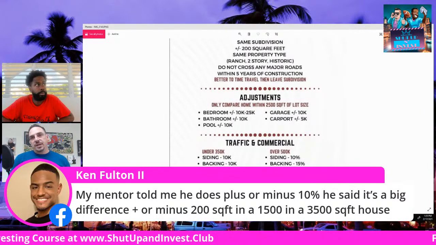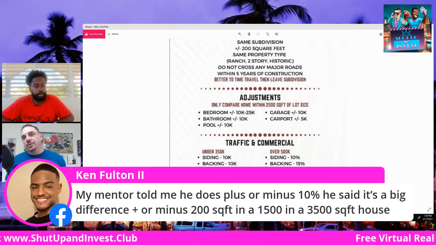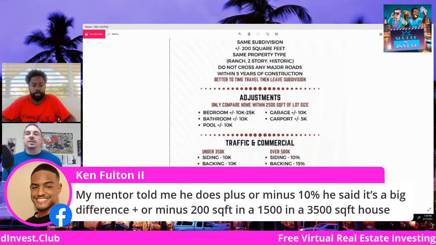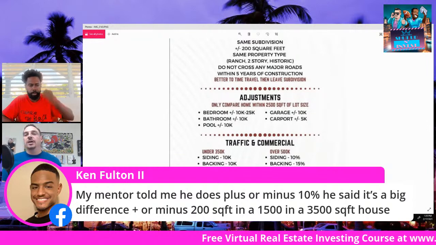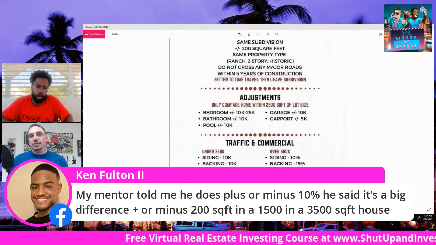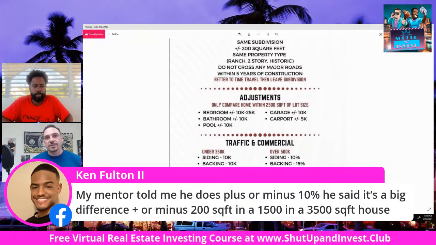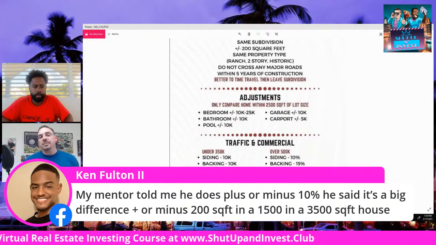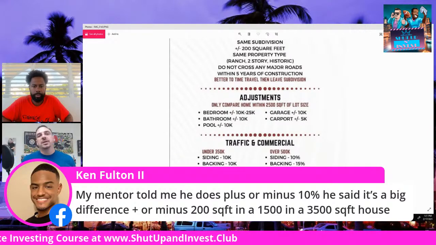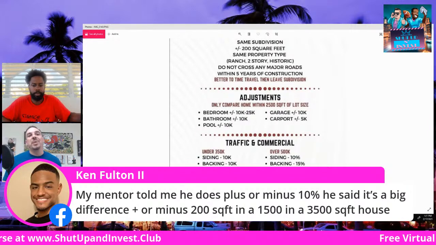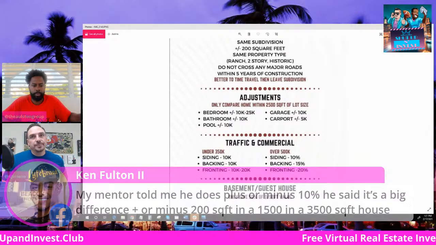If you did 10% in a 3500, you're looking at 350 square feet. If you did 10% in a 1500 house, you're looking at 150 square feet difference. It's still within the range. Obviously the bigger the house, you can stretch it a little. That's not a bad rule of thumb as well.